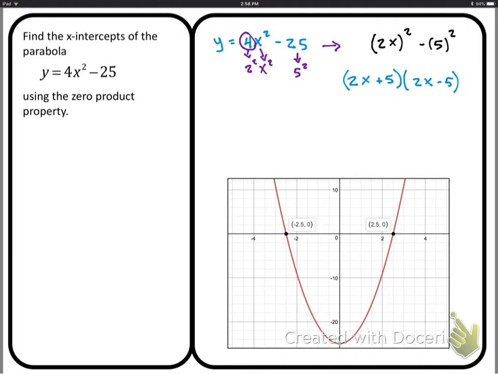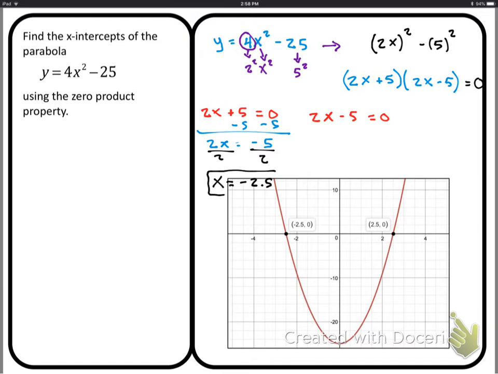Zero product property rule: set it equal to 0. I'm going to pull this off to the right here. So I have 2x plus 5 equals 0, and 2x minus 5 equals 0. If we simplify, subtract 5, you get 2x equals negative 5. Then you divide by 2, and you get that x equals negative 2.5.